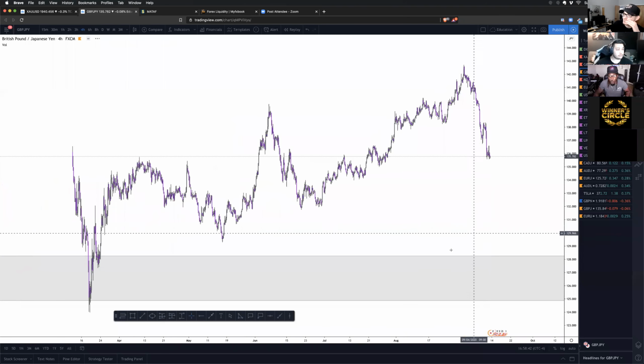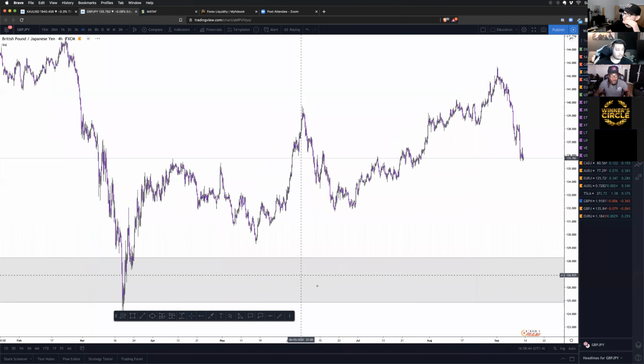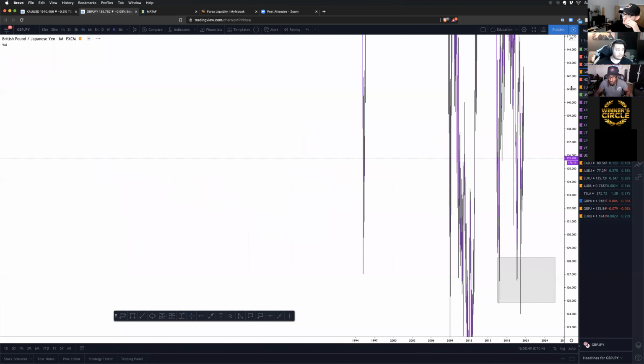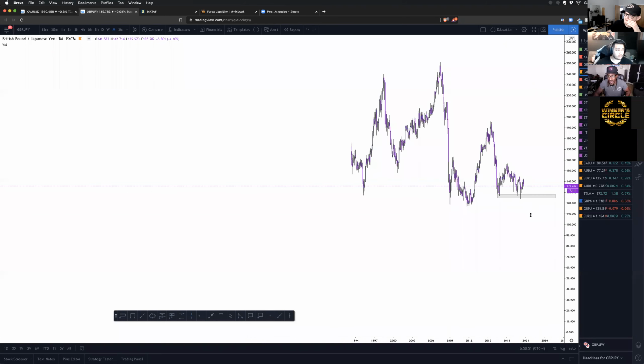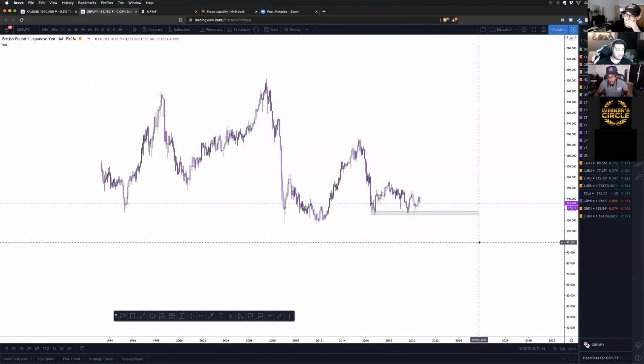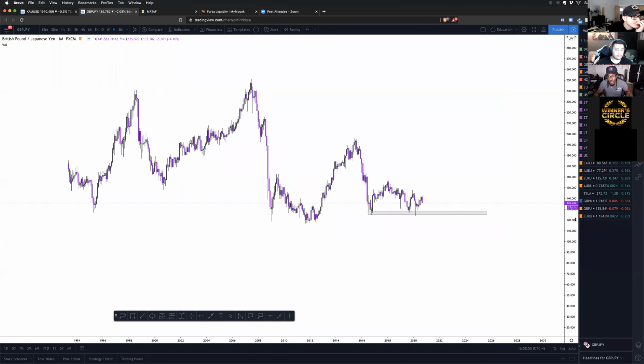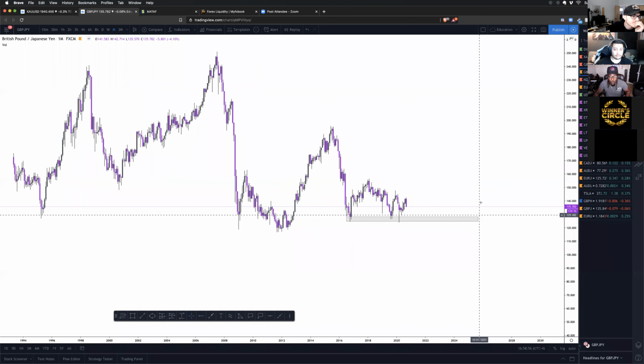So on the 4-hour time frame, this is just too big. You know what I mean? So I wouldn't keep that there on my chart. And price isn't that close anyway. So for me right now, looking at the monthly time frame, I wouldn't really have any supply and demand zones that I would draw there.